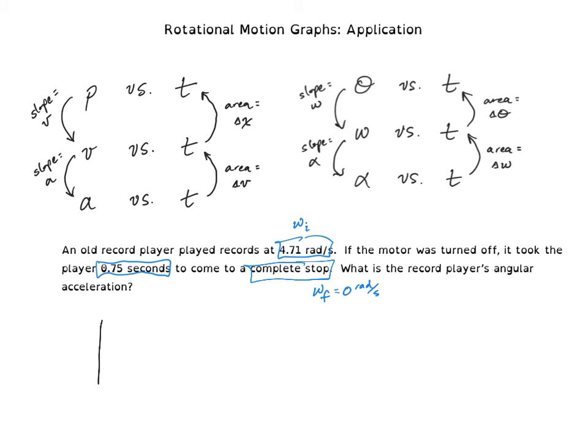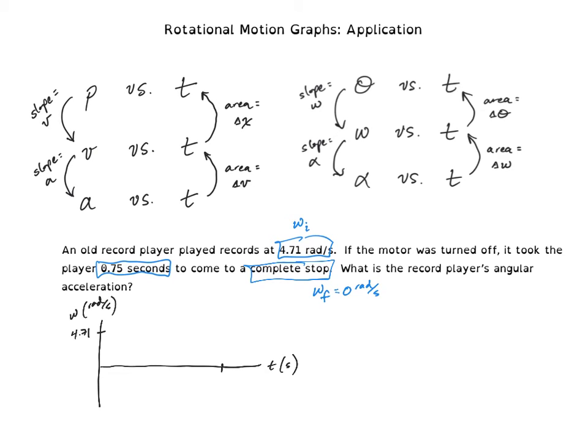Okay, so we're going to do that down here again. All right, put our units down. Okay, so now we'll mark off our initial angular velocity, which was 4.71.